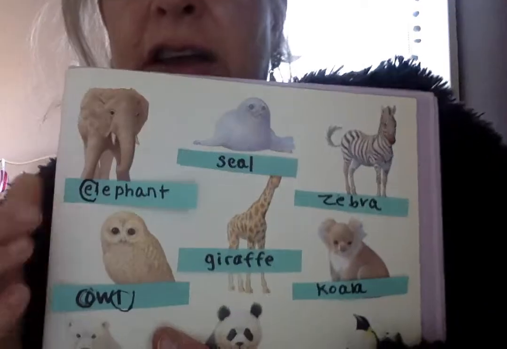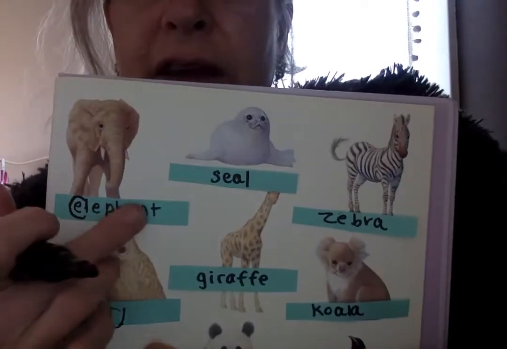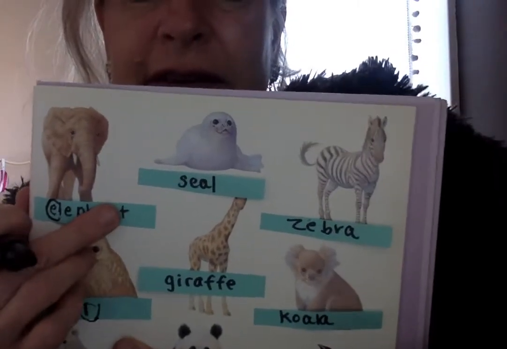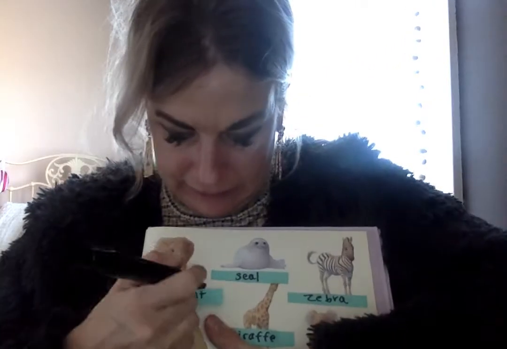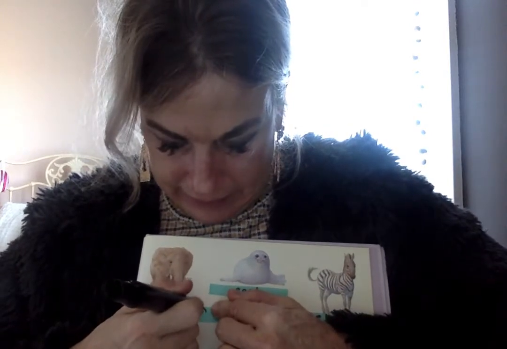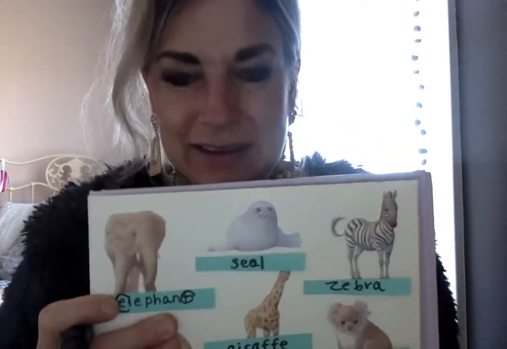Elephant. What do you hear last in the word? A T? Let's check it. Elephant. There's the last letter. Is it a T? Yes. Sometimes the last letter can come toward the end and it's not always the last letter because there's S's on the end and there's endings like ED on the end.